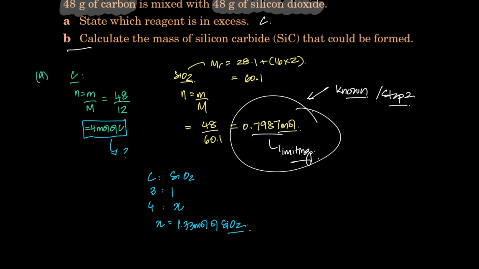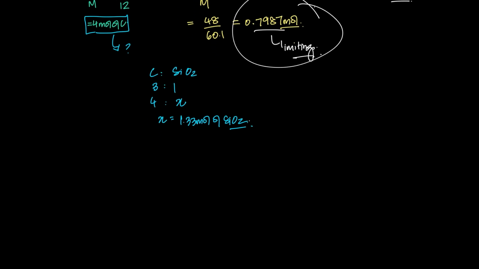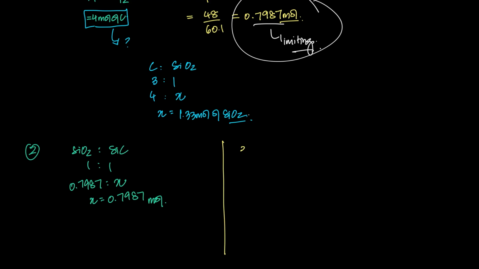If I do B and C, the ratio between my unknown SiO2 and SiC is 1:1. So I keep that in mind also. Part 2 would be SiO2 and SiC. Ratio 1:1. So 0.7987 is to X. So that is also 0.7987 moles, which means now I've got to find step number 3, SiC's mass.